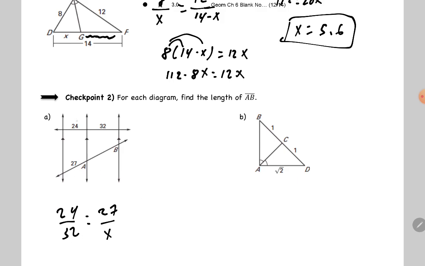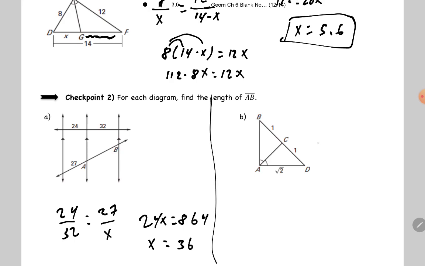You could have done 24 over 27 equals 32 over x. I just did top left over top right equals bottom left over bottom right. Just make sure you keep a particular order. And what we have here, cross multiplication, 24x equals 864, divide by 24, 36 for our AB here.